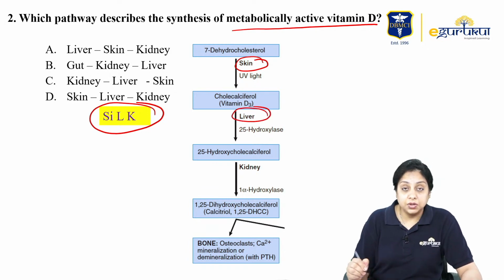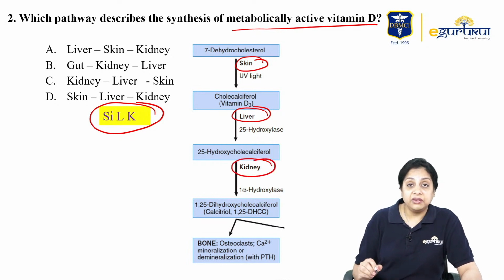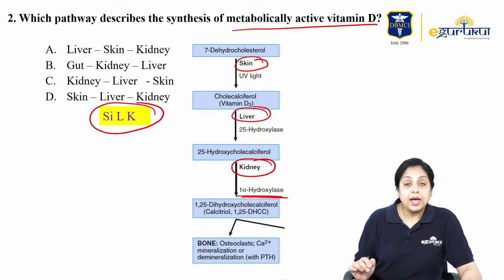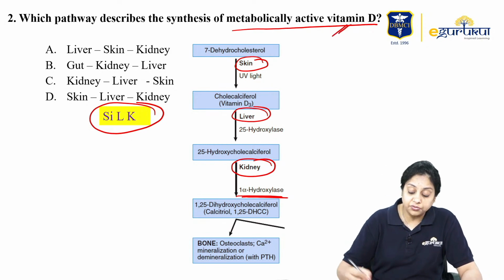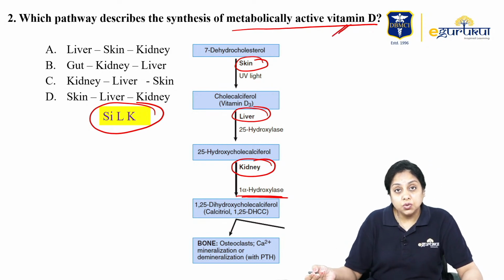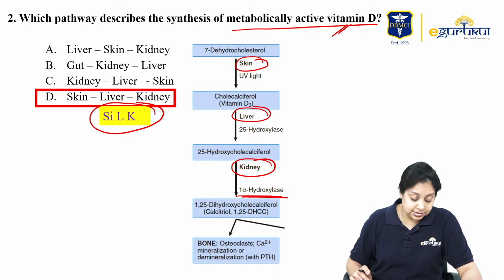Then it is transferred to the liver, then it is transferred to the kidney, and finally upon the action of 1-alpha hydroxylase, we get calcitriol or 1,25-DHCC, which is an activated form of vitamin D. So the process is skin, liver and the kidney, which is the correct choice, right?